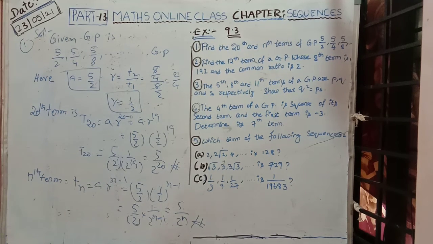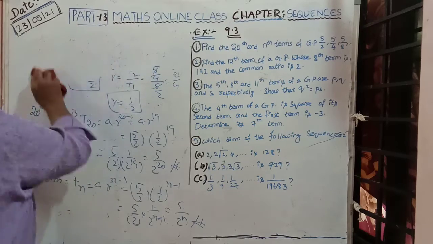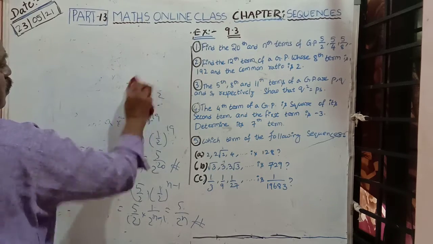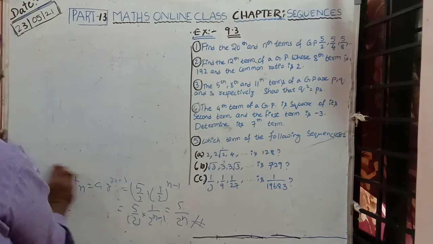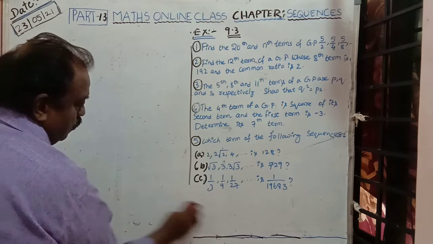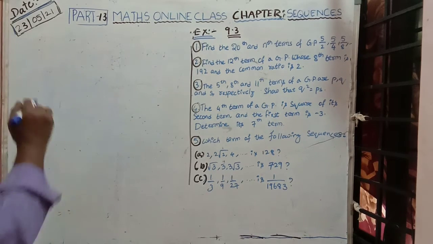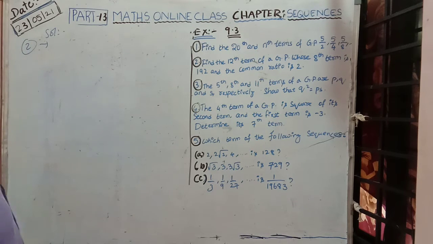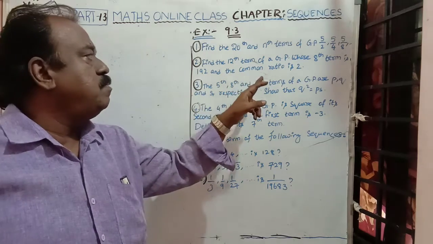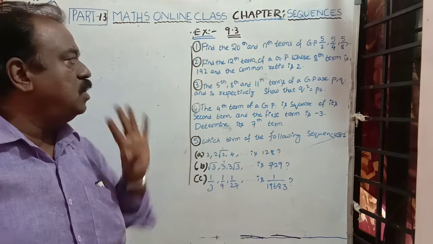Next, the second one. Find the 12th term of a GP whose 8th term is 192 and the common ratio is 2.